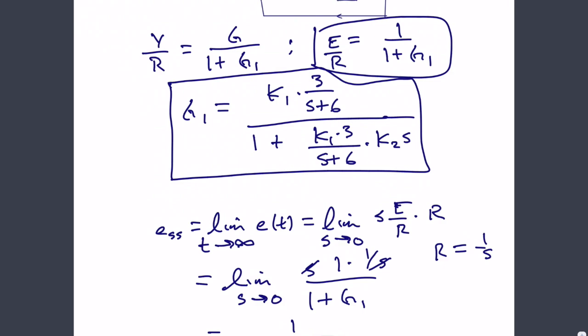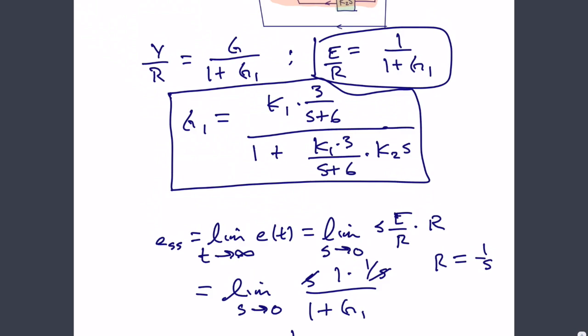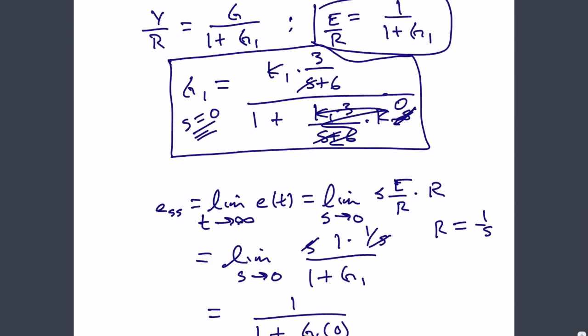All right, so I go back to G1, and I'm looking at plugging in S equals 0. When I plug in S equals 0, this is zeroed out, this is zeroed out, the K2 times S is zeroed out. So this whole part goes away, and I'm left with 3K1 over 6.